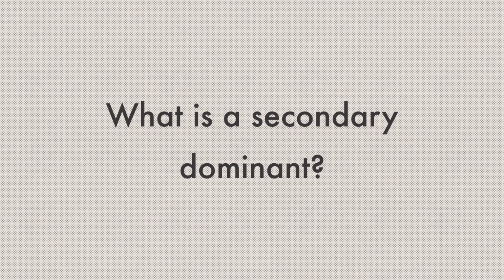Chromaticism was also large during the Romantic era, and here the use of secondary dominants would become more widespread, and they can be heard being used by composers such as Wagner, Chopin, Liszt.